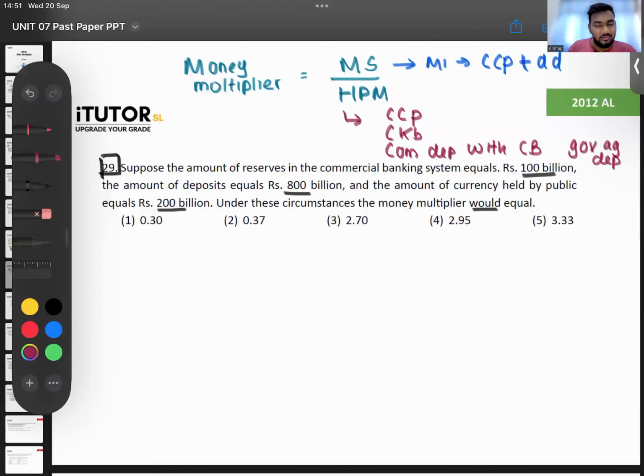Those are the components of high-powered money. So if we can find this, we can find the money multiplier.